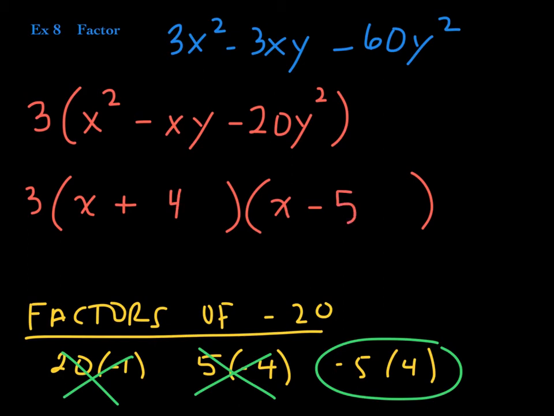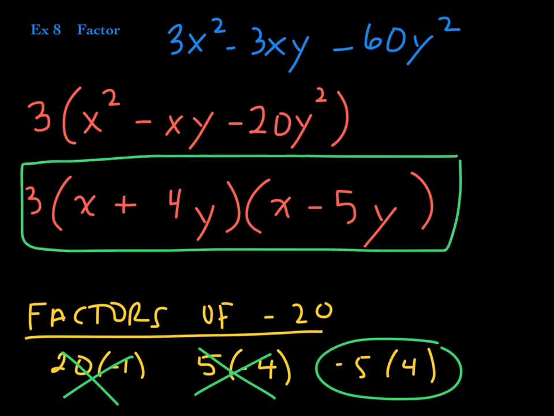Now that's good and all, except 4 times negative 5 is negative 20. I want negative 20 y squared. So in addition to the numbers, let each of them have a y variable. That way, 4y times negative 5y gives negative 20y squared. This is the complete factorization for this trinomial, okay?